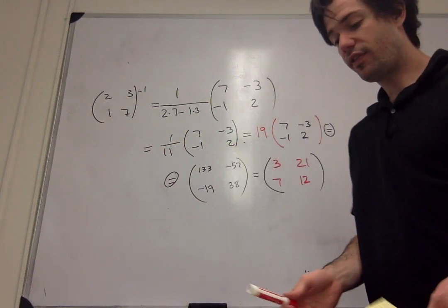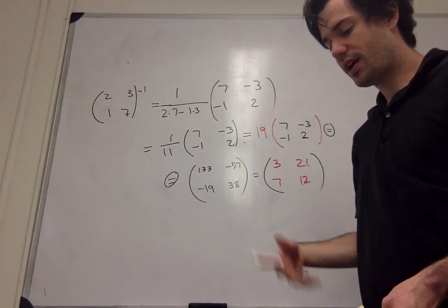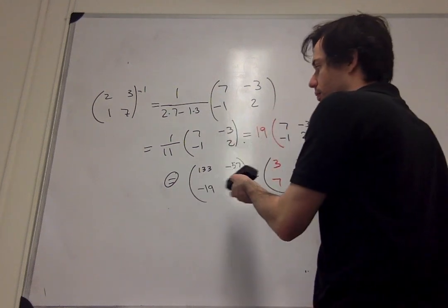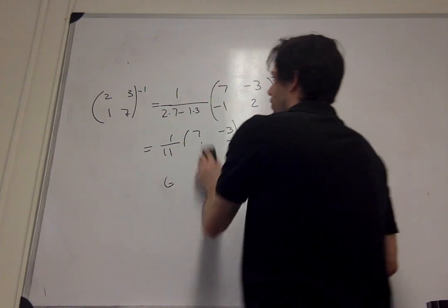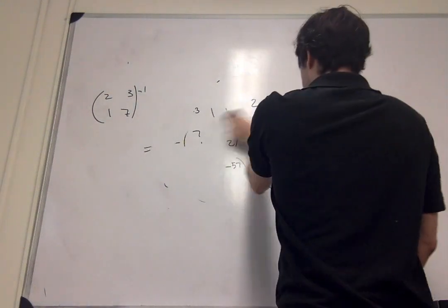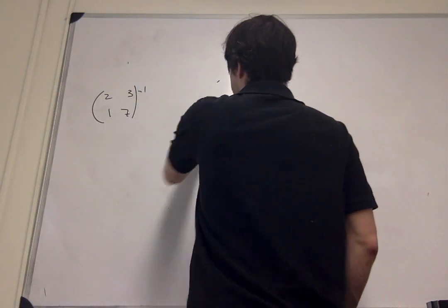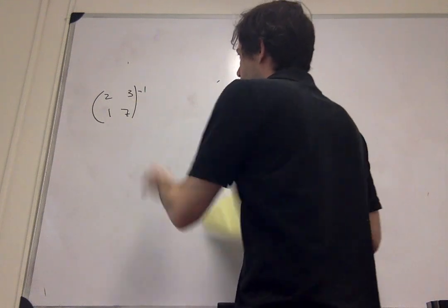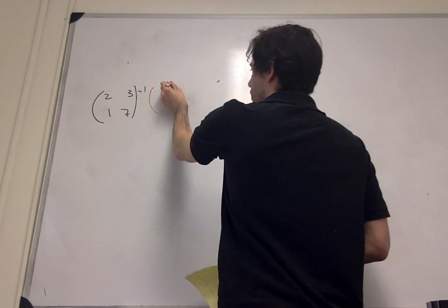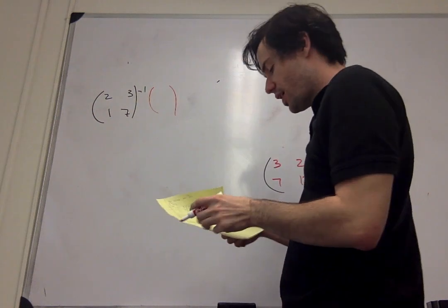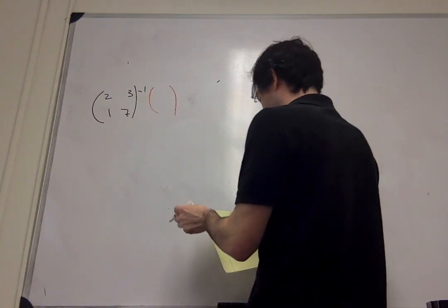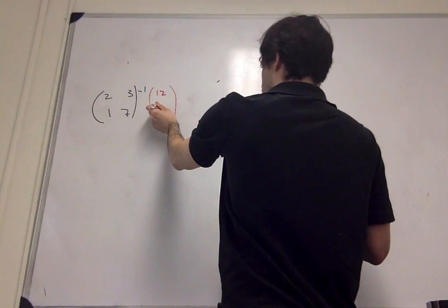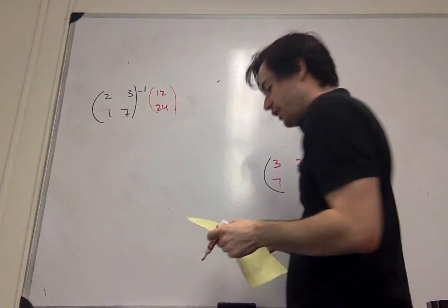Now, remember, at the very beginning, I said I had to multiply that by my cipher vector, okay? So I want to multiply this matrix by 12 and 24.